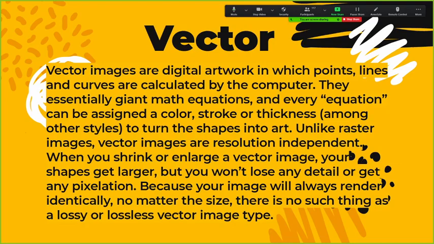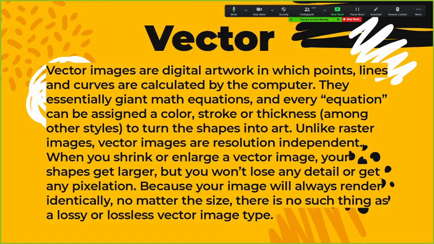So, here naman, vector images are digital artwork in which points, lines, and curves are calculated by the computer. They're essentially giant math equations, and every equation can be assigned a color, stroke, or thickness, among other styles, to turn the shapes into art.